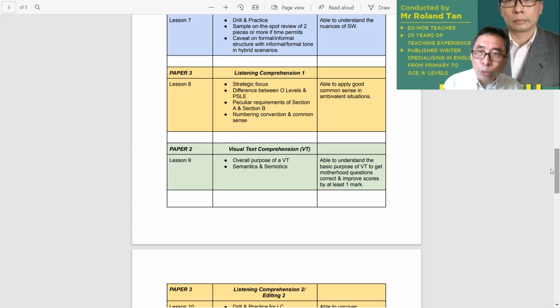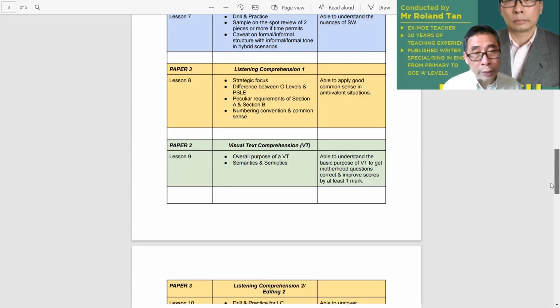I'll show how you can apply some good common sense in ambivalent situations. I would also be covering the numbering convention and the use of common sense when you are really unable to figure out what word to put in.